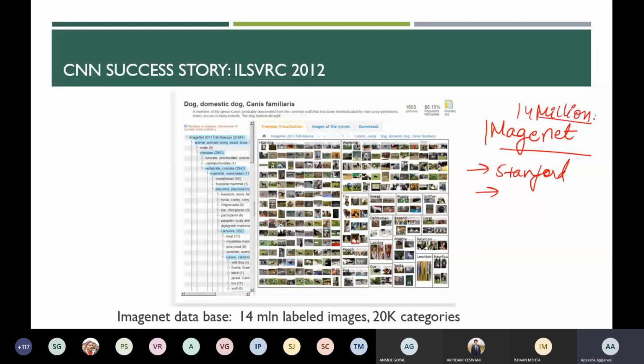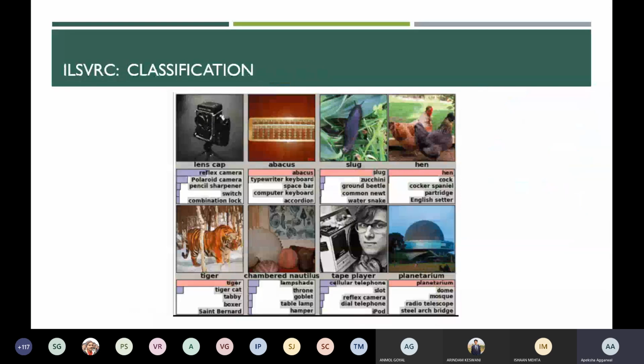They trained it on the CNN, and every year they organize a competition called the visual recognition challenge, and every time CNN works well. CNN works extremely well on this 14 million image database. You can find this on the website, and you can download this dataset as well.